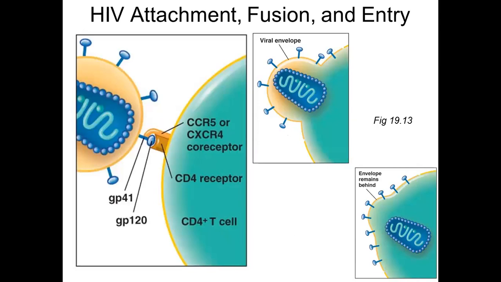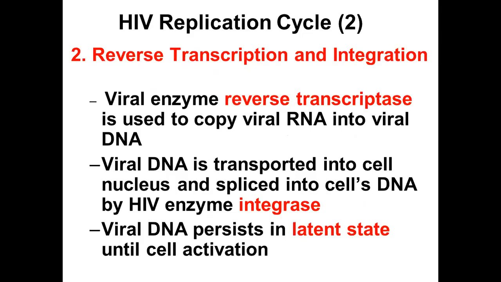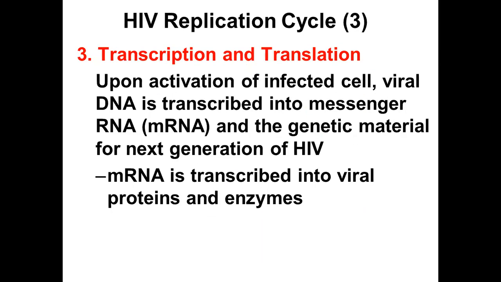If you just remember the knob, where you have to write 120, the projections are GP41. Now, in reverse, the second set of reverse transcription happens, so reverse transcriptase helps to make the viral DNA, and this splicing occurs through the integrase, and DNA is persistent in the latent state until the cell is activated.